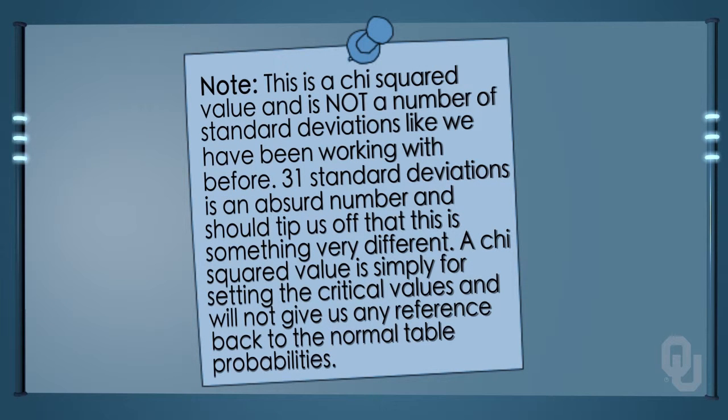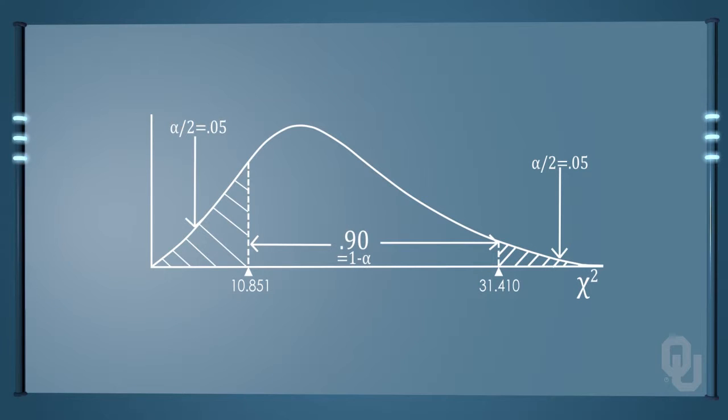Please note, this is a chi-squared value, and it is not a number of standard deviations like we've been working with before. 31 standard deviations is an absurd number and should tip us off that this is something very different. A chi-squared value is simply for setting the critical values and will not give us any reference back to the normal table probabilities.